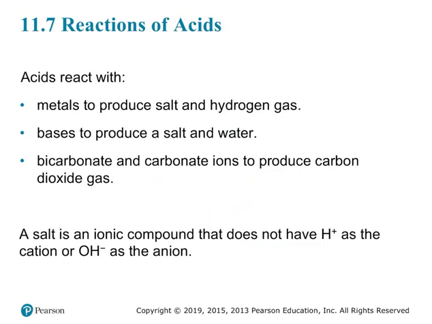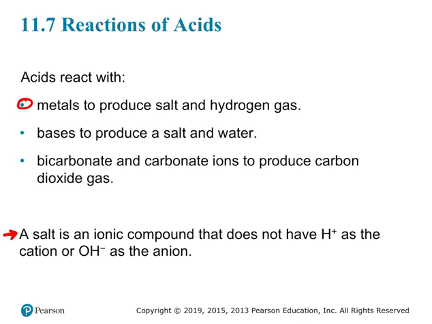So now let's talk a little bit about the types of reactions that acids can perform. So acids have three main reactions. They can react with metals, and they'll produce a salt and hydrogen gas. And down below we have the definition for a salt.